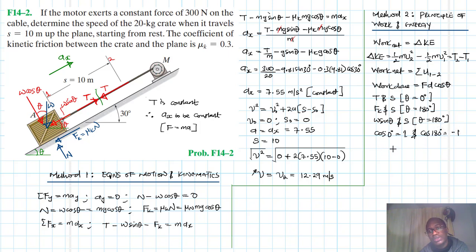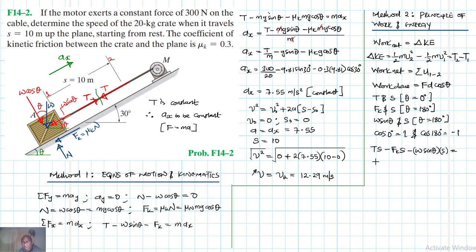So summing these into our equation, we have T times s minus Fk times s minus W sine theta times s, and this is equal to 1/2 m v2 squared minus 1/2 m v1 squared.